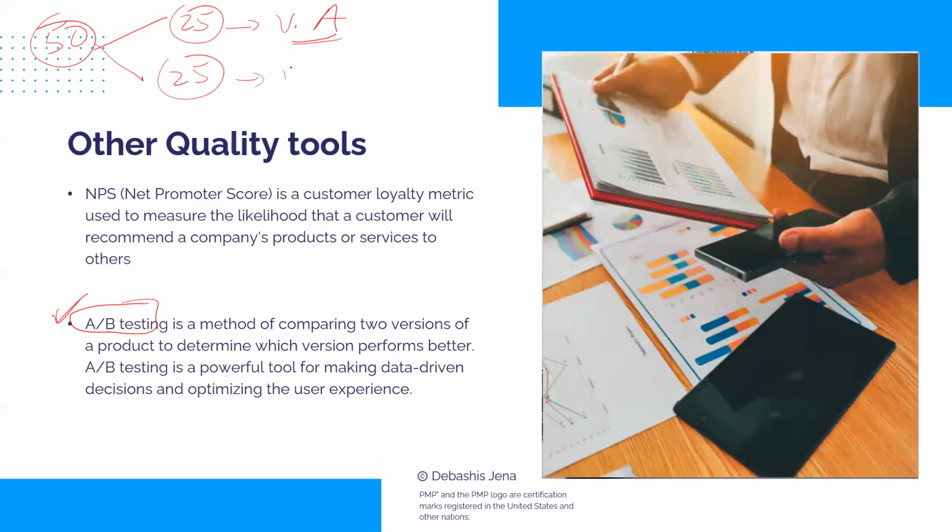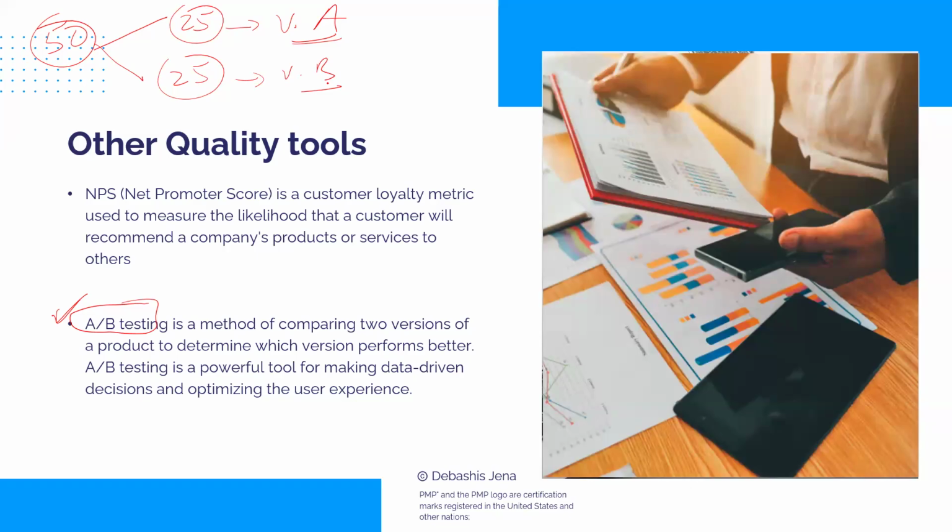The other group will be shown the other version, let me call it B. These are the two versions of the web page I have. And we ask them to score us on a number of parameters. The parameters would depend on the product, like click-through rate and ease of navigation if it is a web page. And then after we get the scores, we can compare and see which version received a better score.